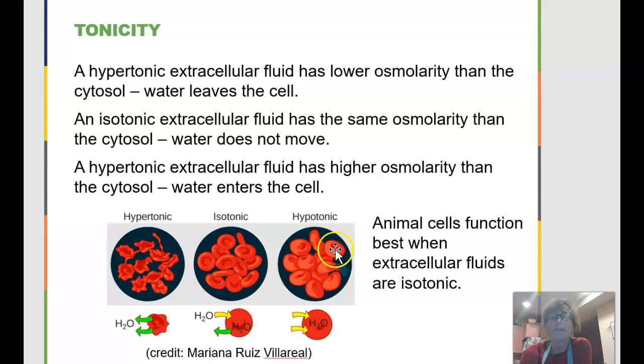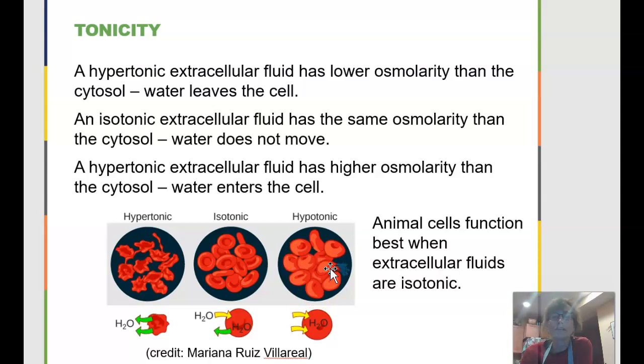But if you put the group of cells into a hypotonic solution, meaning there's almost no solutes out here, you might think of this as sort of like distilled water, something that would have almost nothing else in it but water, then what happens is the water moves into the cells. It moves from that area where the extracellular fluid has this really high water concentration, into the cytosol. And what happens is you get these really fat-looking cells which actually can explode.